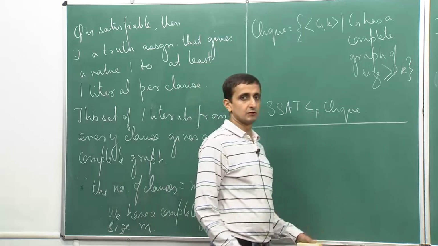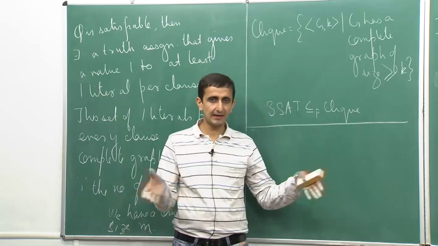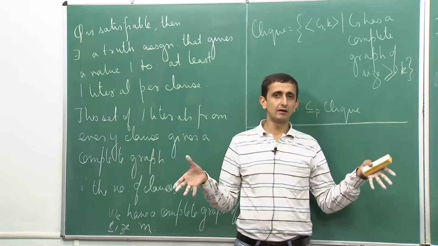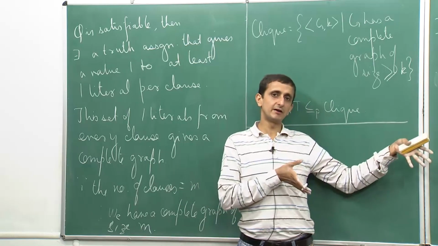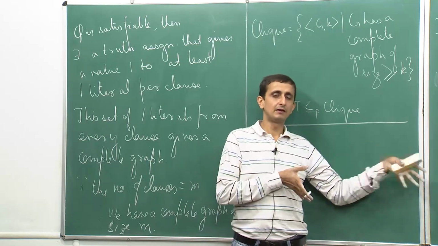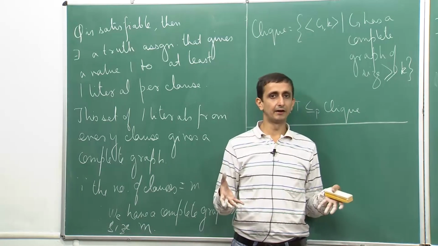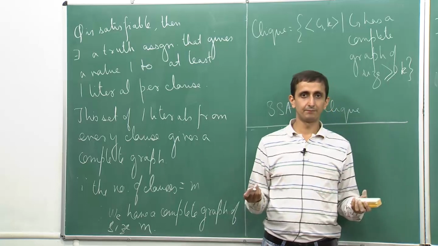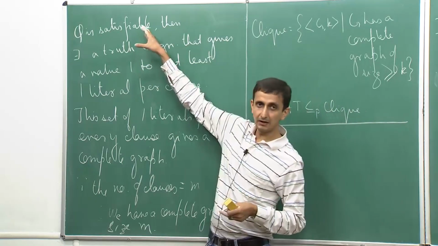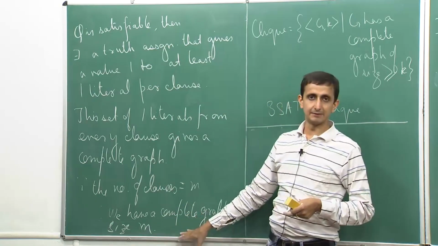So, I take this set of m literals, one per clause, and if I look at the vertices corresponding to these literals in my graph, they will constitute a complete graph. Hence, I have a complete graph of size m. So, if phi is satisfiable, I get a complete graph of size m.